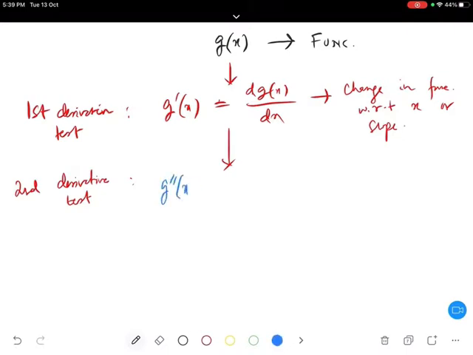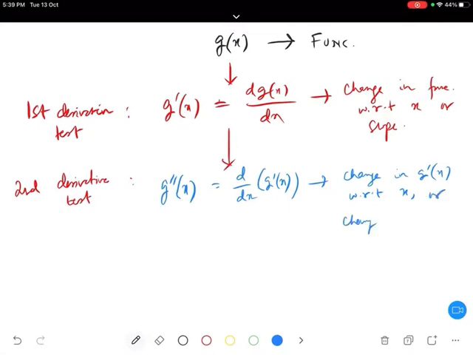Now, what is g double dash x? g double dash x is d dx of g dash x, and d dx of g dash x means the change in g dash x with respect to x. What is that? When I write this, it is the change in slope with respect to x.